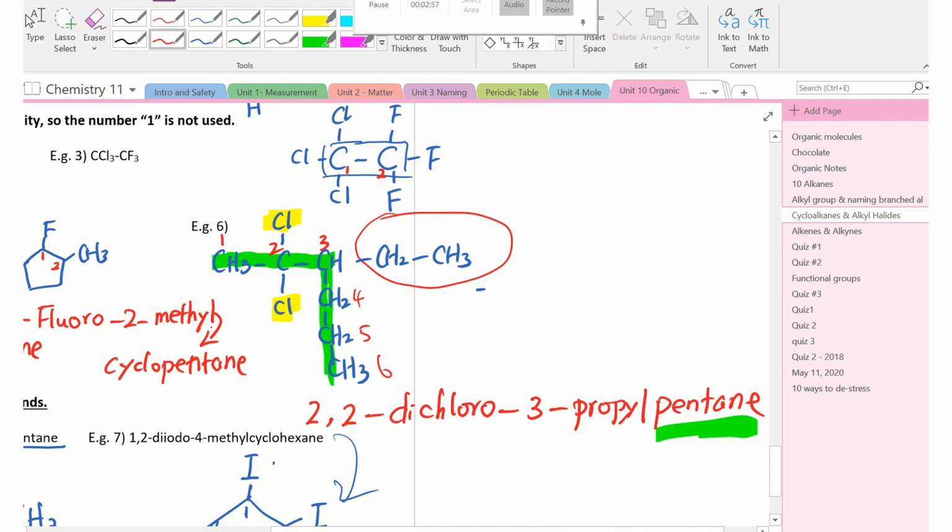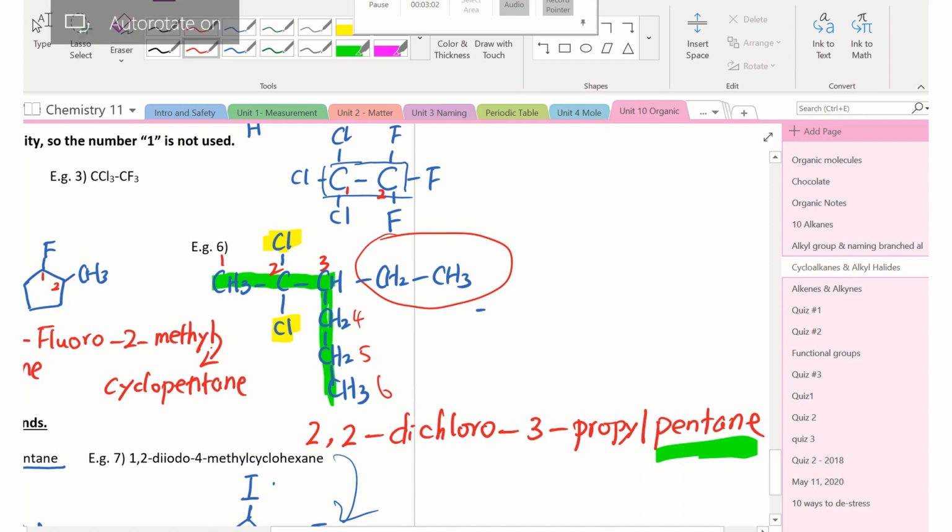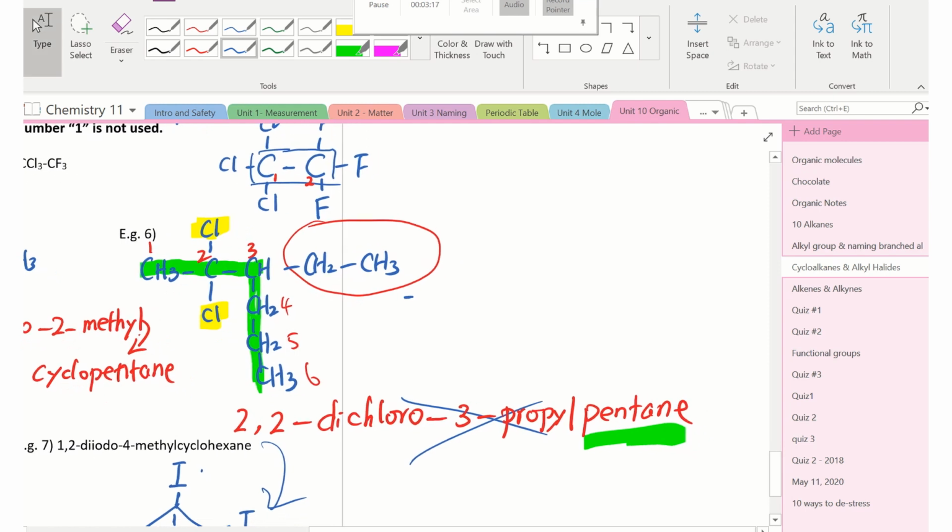And I encourage you guys to pause here and name this molecule again. Erase last day's name. The name that I have down below here is incorrect, so this is wrong, and fix it.